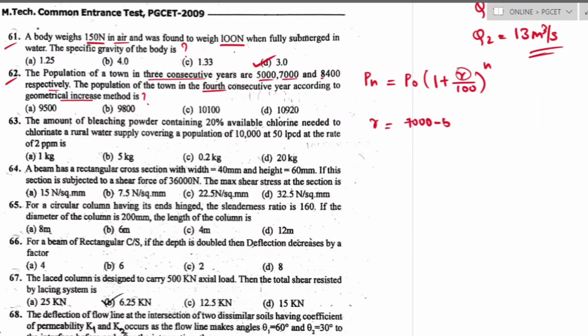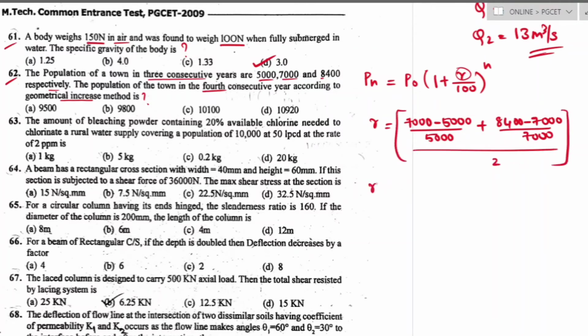(7,000 minus 5,000) divided by 5,000 plus (8,400 minus 7,000) divided by 7,000, all divided by 2. So the rate of growth of population is around 0.3, that is 30%.